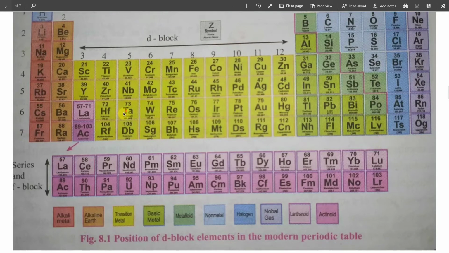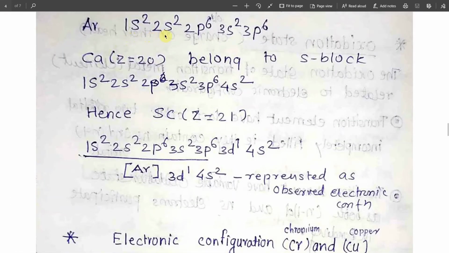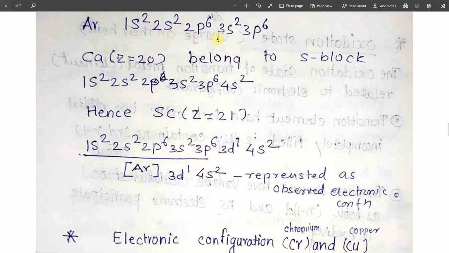Argon is the nearest noble gas preceding the 3d series. The electronic configuration of argon is 1s2, 2s2, 2p6, 3s2 and 3p6. You know that in noble gases the outermost shell is completely filled.